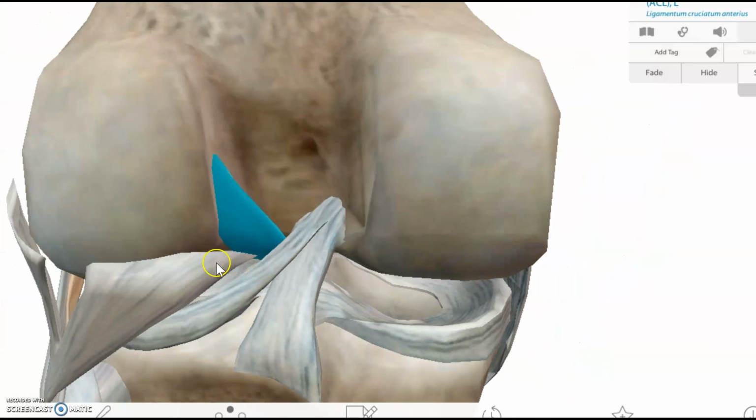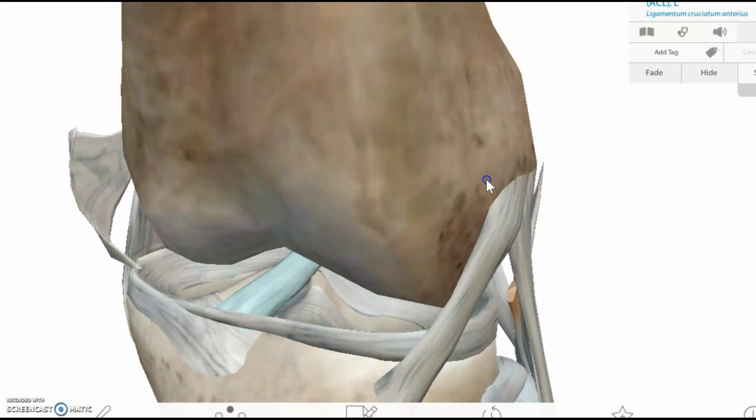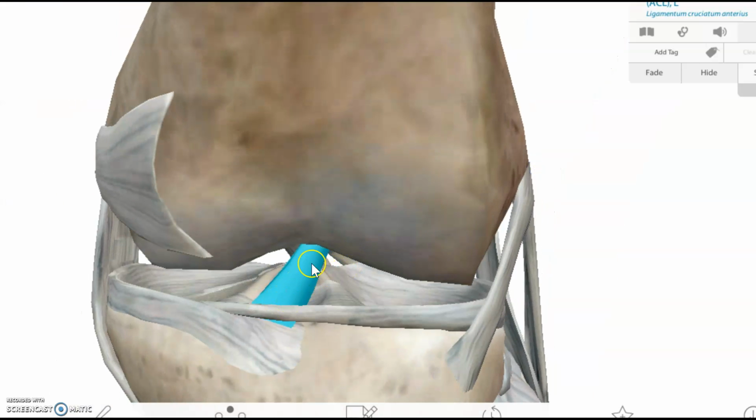And so you'll also need to know the movements that these cruciate ligaments prevent. It's pretty easy to remember the anterior cruciate ligament, if you see how it's set up, it prevents anterior movement of your tibia. So it keeps your tibia from sliding out in front of your femur.